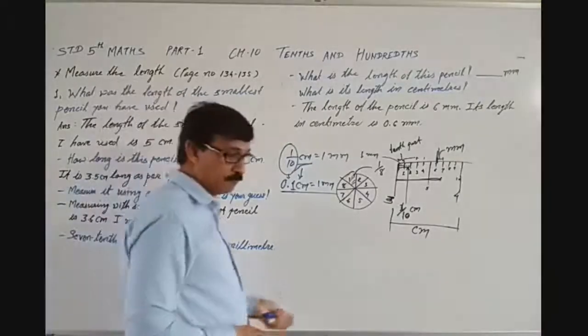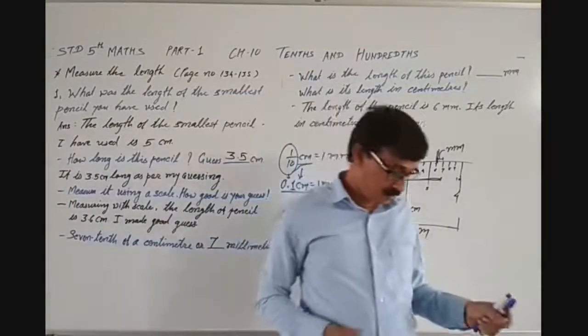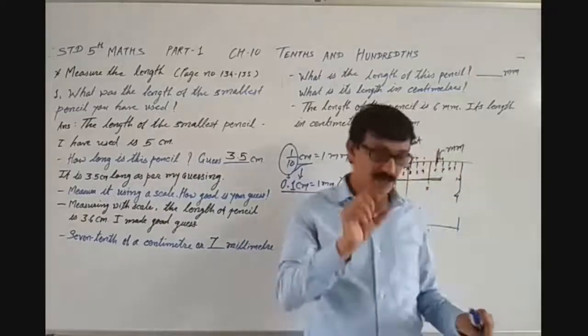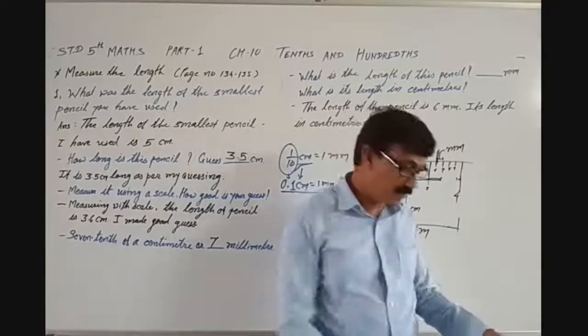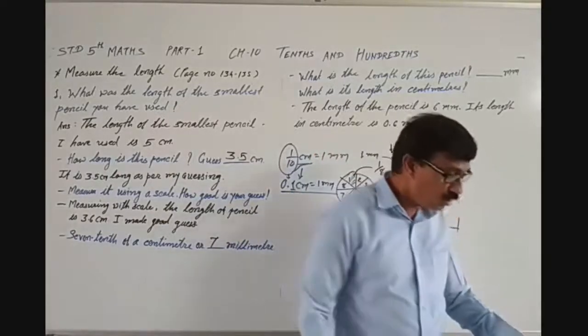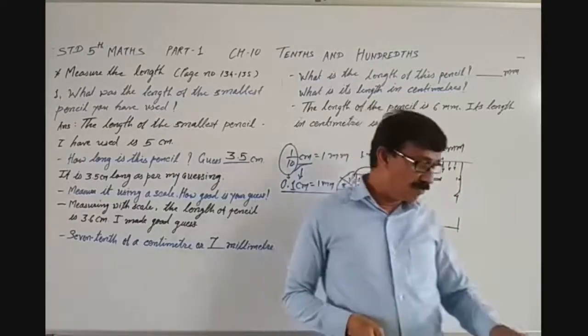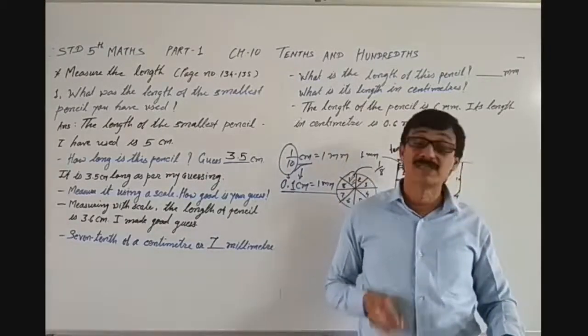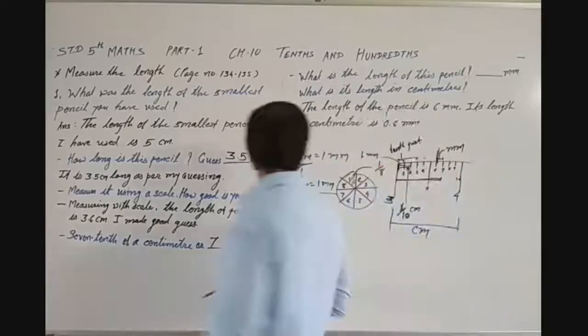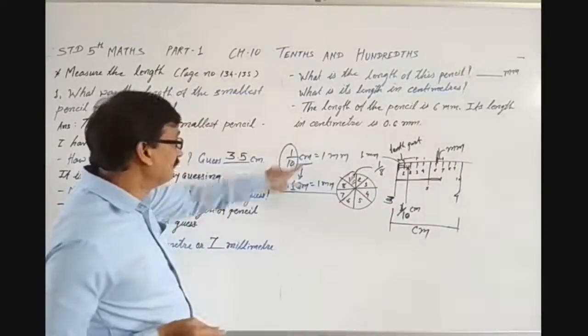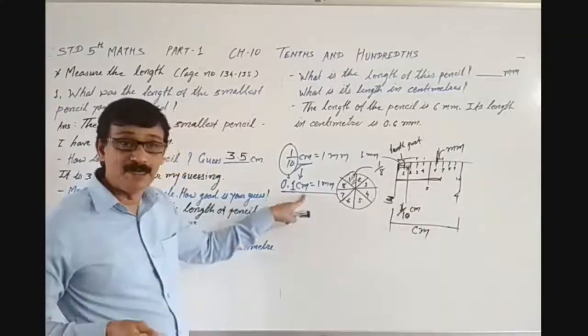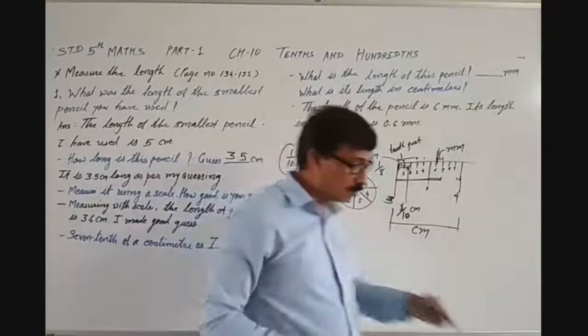Okay. So with this, let's go further. Only 2 lines. Then after that we will complete this part. We can also call 1/10 of a centimeter 0.1 centimeter. We also say 1/10 of a centimeter is 0.1 centimeter. Look into your textbook.